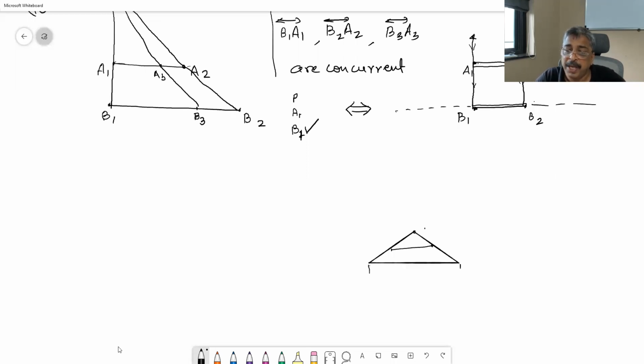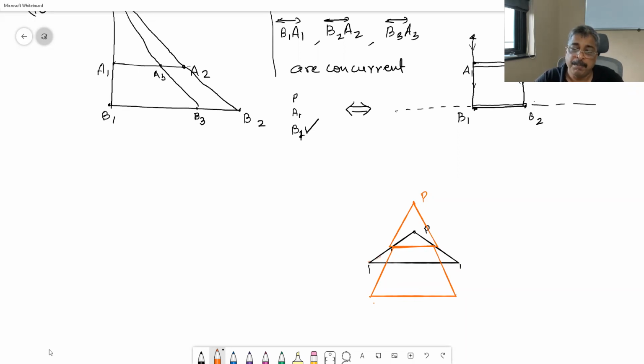If I take this P a little away from A1, A2 and join, then I am supposed to get the length of the image smaller.